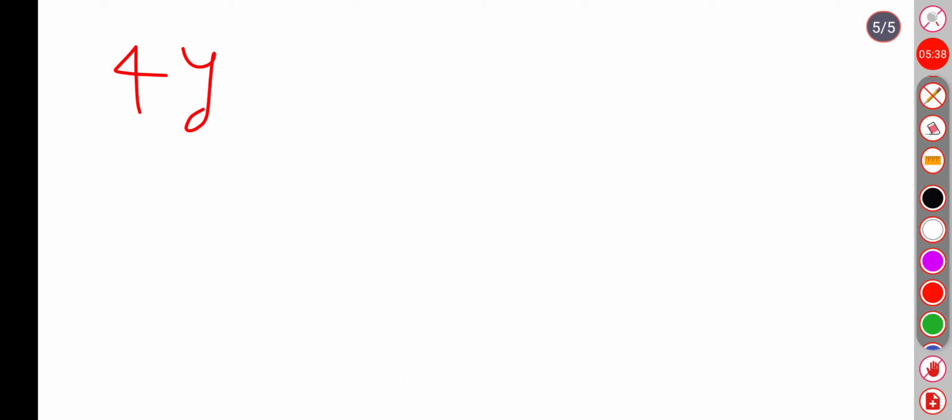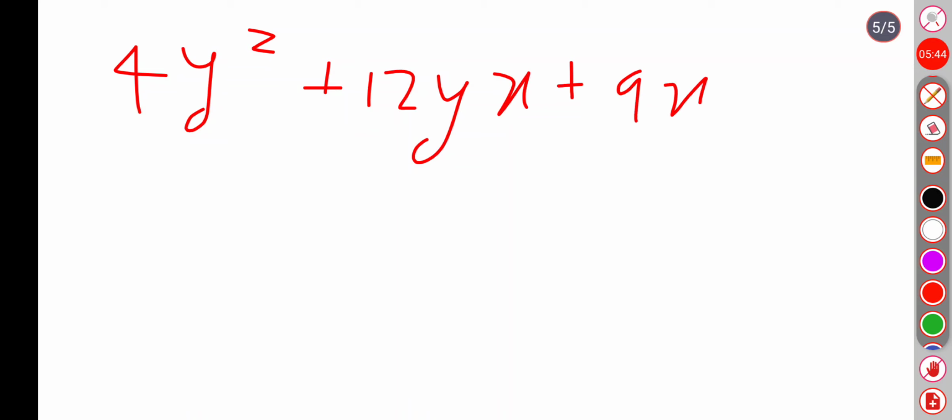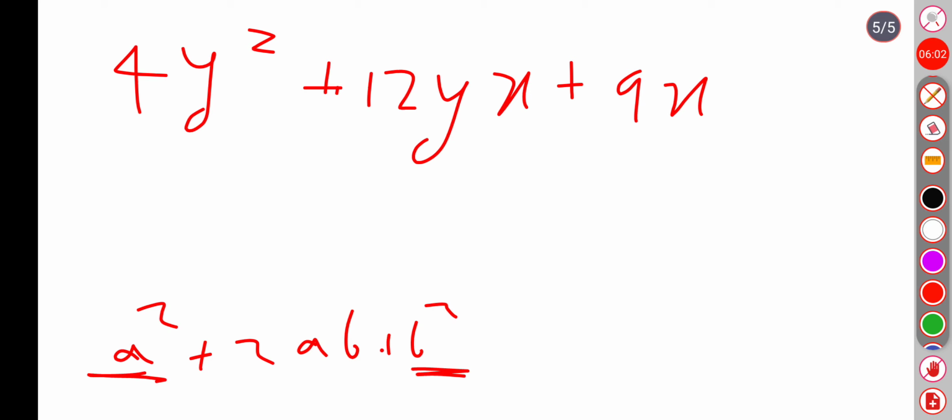Now for factorization purposes we have another question. 4y square plus 12yx plus 9x. How do we factorize this? To check if we could factorize an expression using the first identity, we know a square plus 2ab plus b square has two perfect squares, a square and b square.